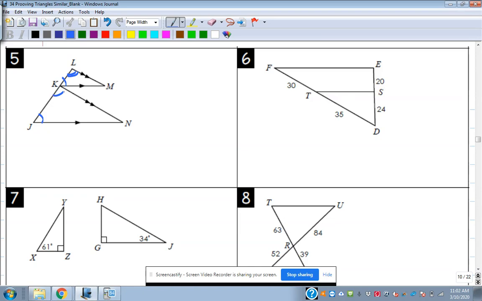So it had to be these two to get that angle. Angle similarity, LMK similar to KNJ. Parallel lines, anytime you see markings with parallel lines, you know you're going to deal with angles. So keep that in mind.